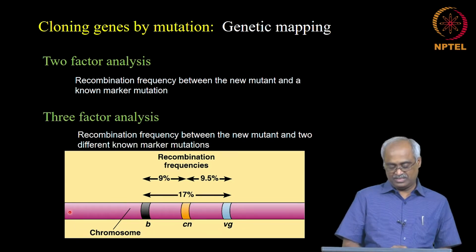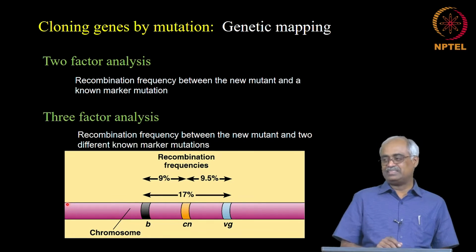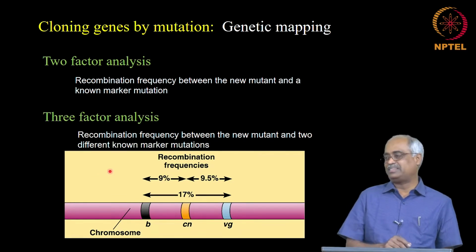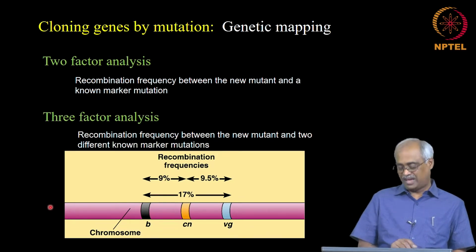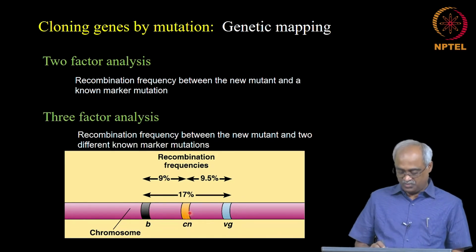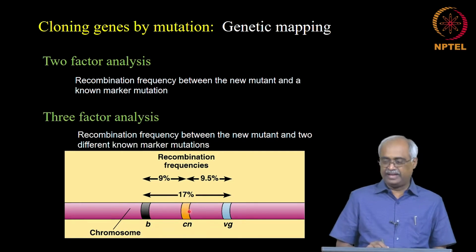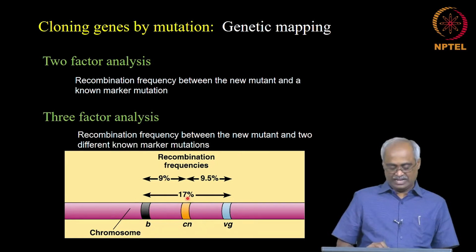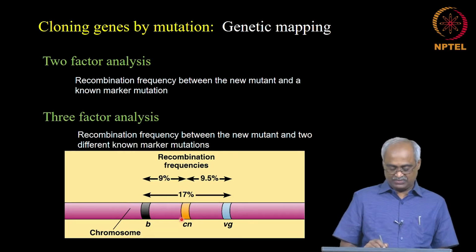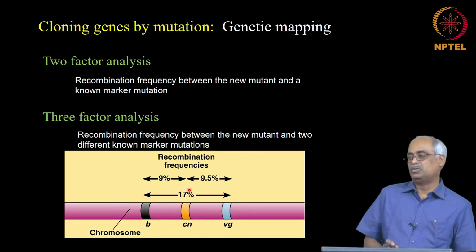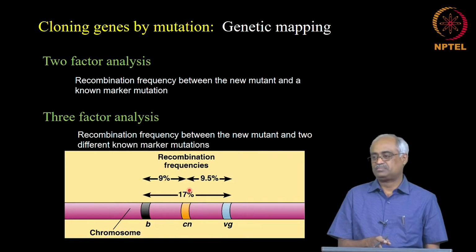But when you determine Cn and vestigial is 9.5, then that contradicts your assumption that vestigial is on the left side, and that is how you put Cn as 9 map units to the right of black and 9.5 map units left of vestigial. So, you give a specific position for your new mutation.